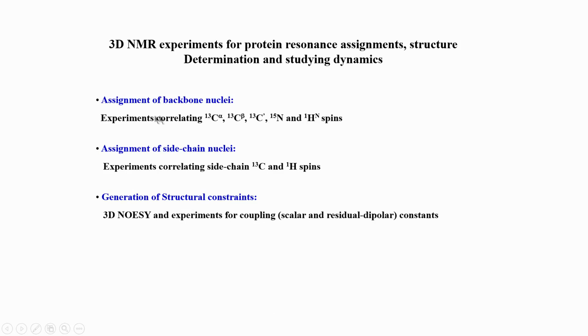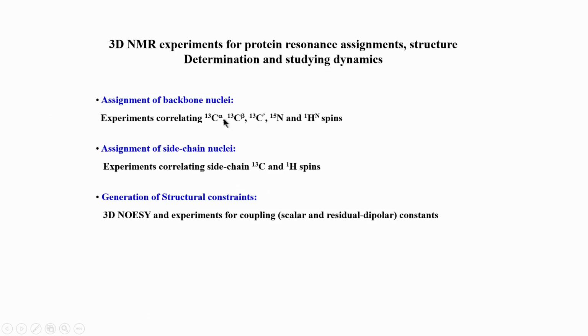That part of the work is called backbone assignment, where we first look at the backbone atoms. What is listed here are backbone atoms. Strictly speaking, C beta is not backbone, but conventionally it is included in the standard set of experiments which provide backbone chemical shifts.